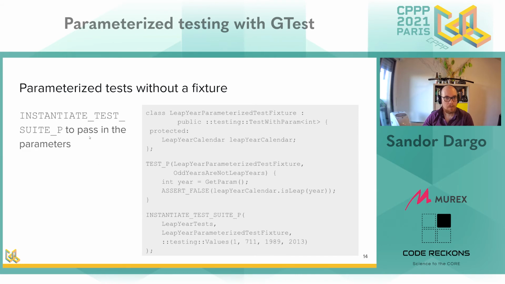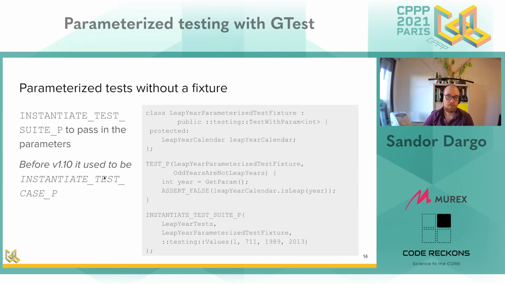So one thing to mention here, that if you use an older version of GTest, then it's not INSTANTIATE_TEST_SUITE_P, but it's INSTANTIATE_TEST_CASE_P. So it was before this version 1.10.